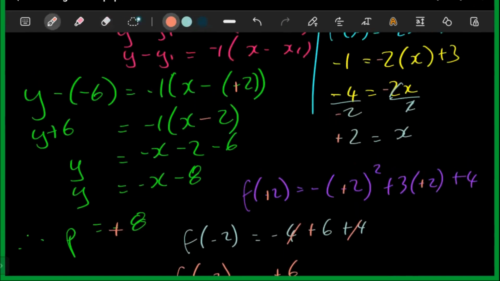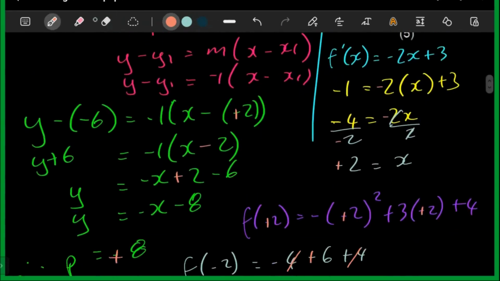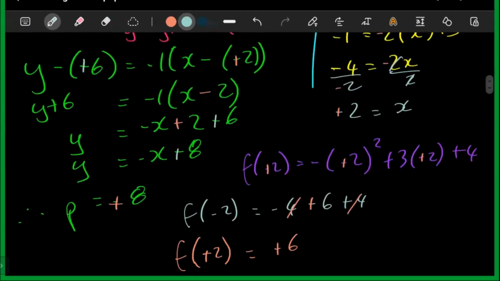Damage control, eh? If this is a minus, you're going to have this times this is a plus, and this is a plus 6 now. So this would come out as a plus. Sure.